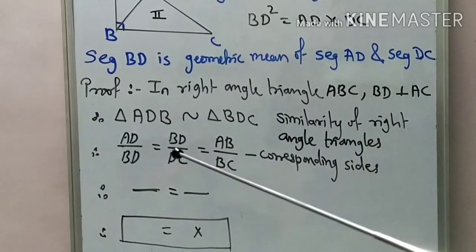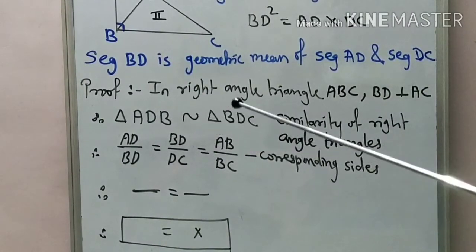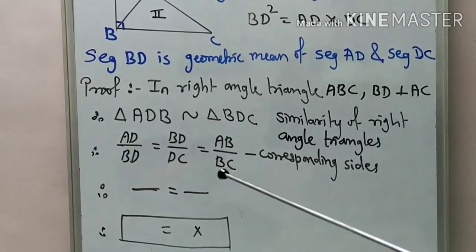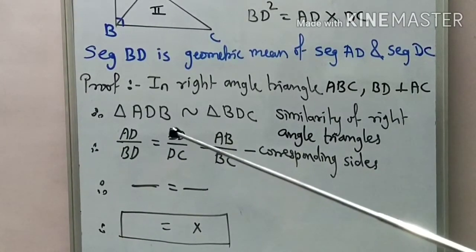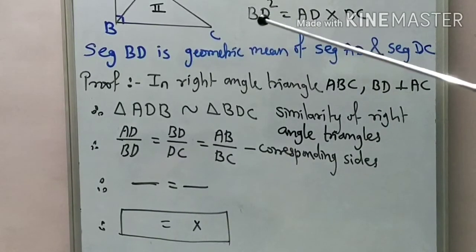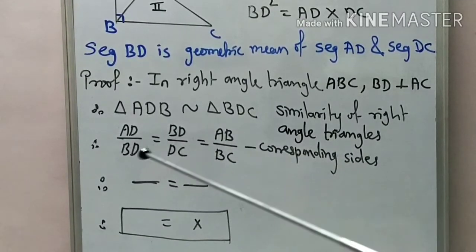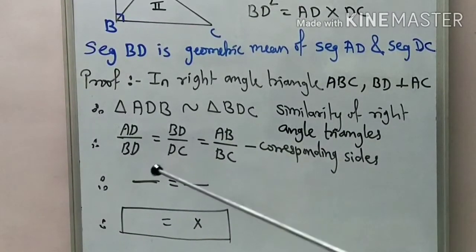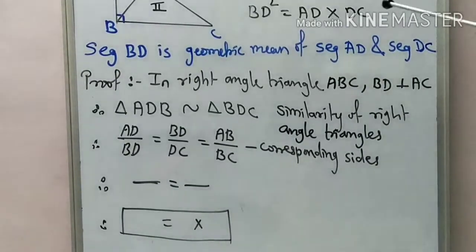That DB we can write as BD upon DC, and the remaining one AB corresponding is BC, AB upon BC. Okay, and what we do here, students, we take those ratios only which have BD square. As you observe, we have BD, means first and second ratio we take, and as we do cross multiplication we get this.